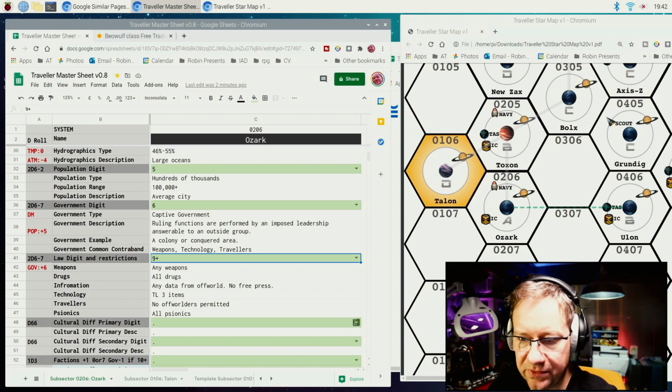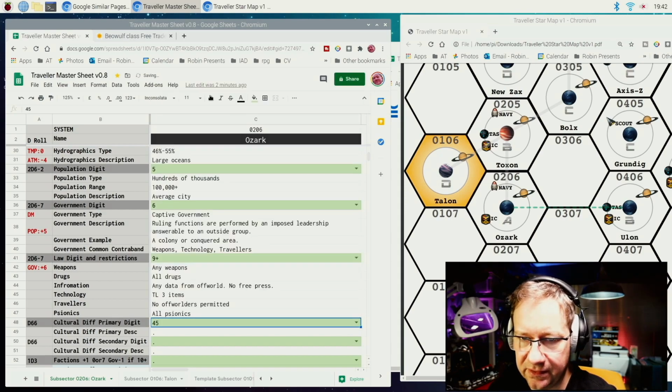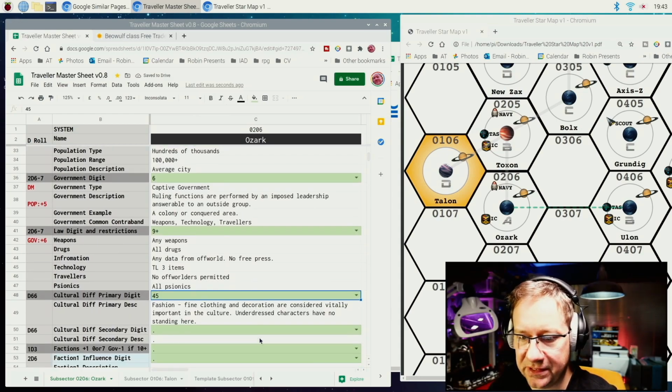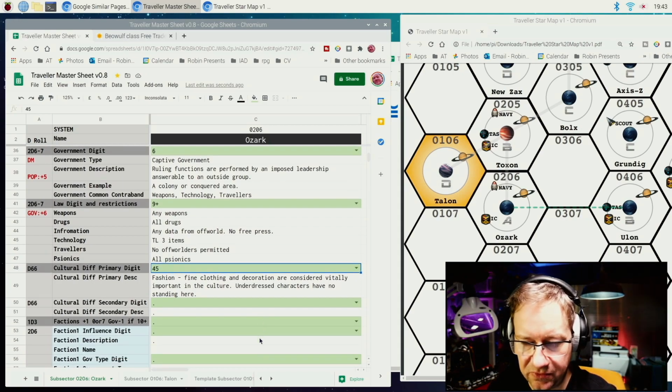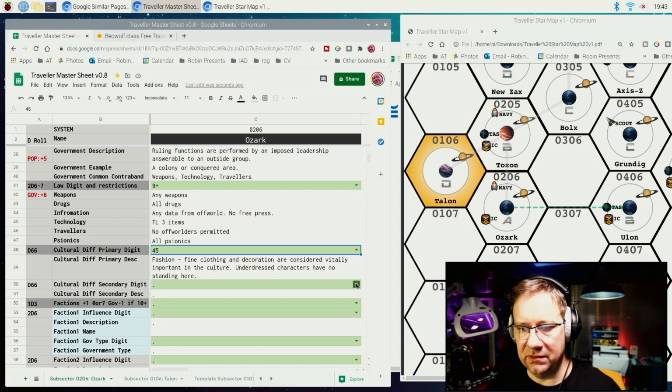And this is their primary cultural aspect, something about them that drives the planet's population. So, right, they're into fine clothing, decoration considered vitally important. So their primary cultural driver is to look good or look interesting in some way, focused on their clothing.